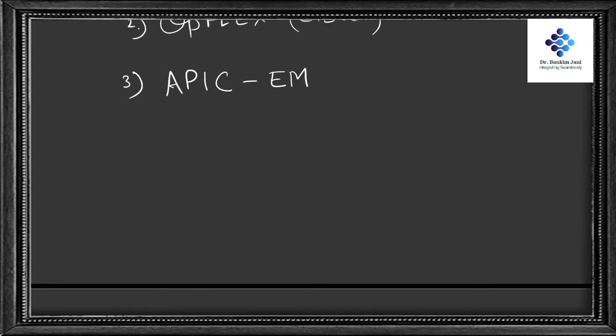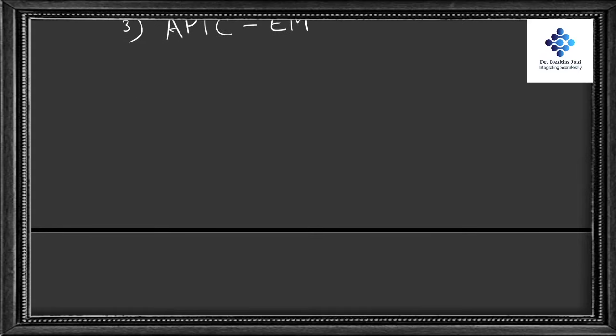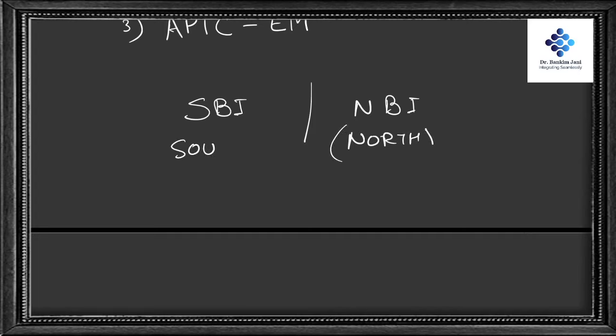Now comes the second component of it. If there is a southbound interface, then there has to be a northbound interface. So how about these directions, that this is south and this is north?